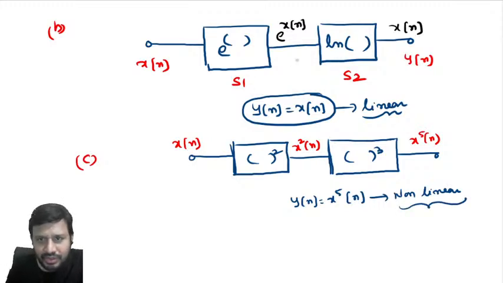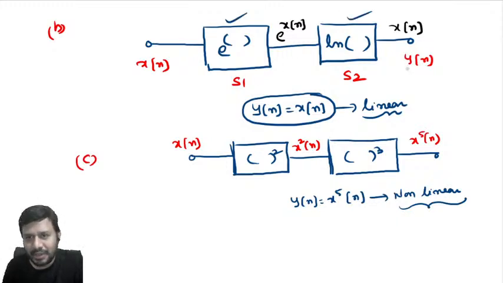Here two nonlinear systems connected in cascade, the overall system is linear. So if you connect two nonlinear systems in cascade, you cannot say whether the overall system is linear or non-linear. It depends on the individual systems we consider.